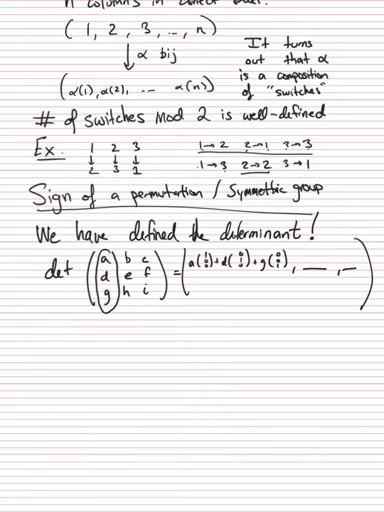Once you add them all up, that's just what the determinant is. Okay, so it shows that it's the unique function satisfying this property, but it also can be the definition.